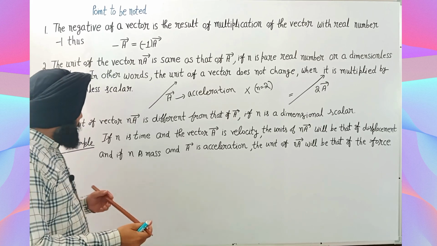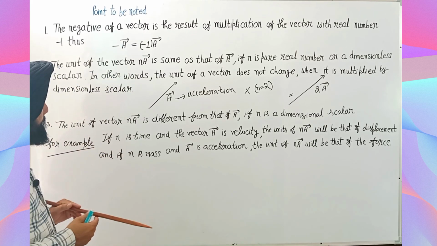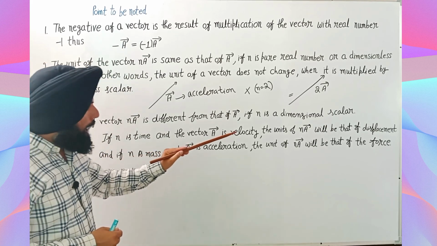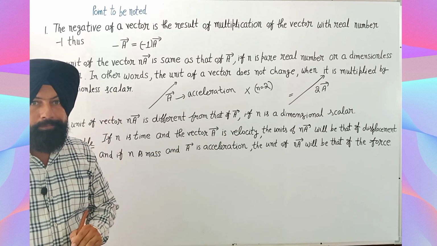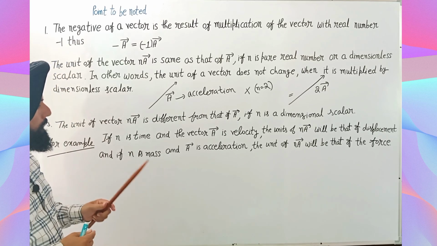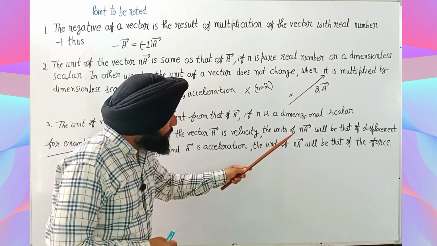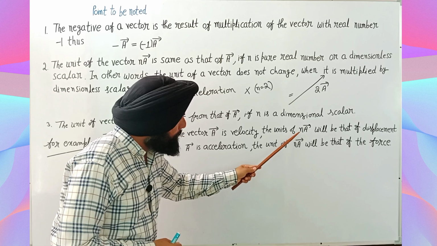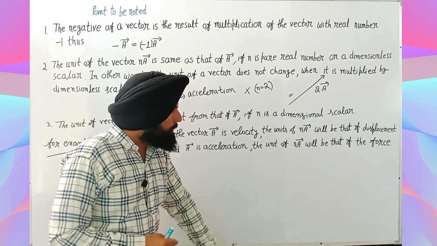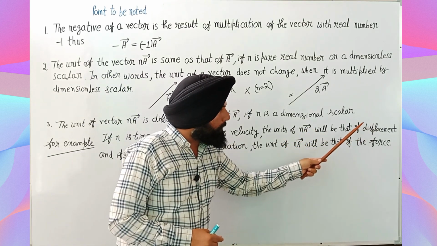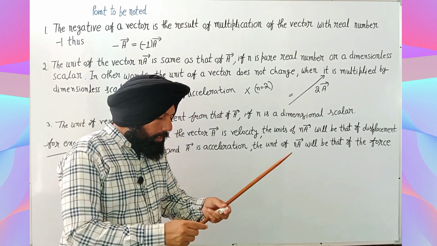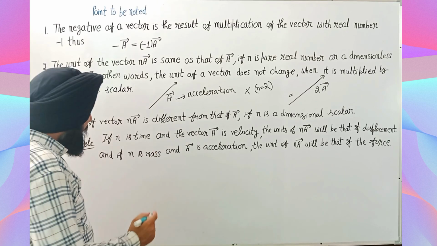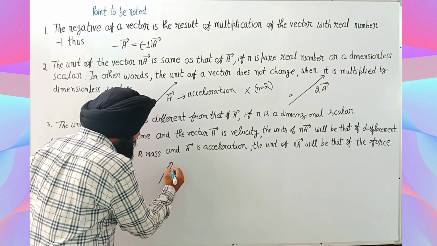We know time and velocity. What does it represent? The unit of n a, time multiplied by velocity, will be that of displacement. That is, I have a vector.